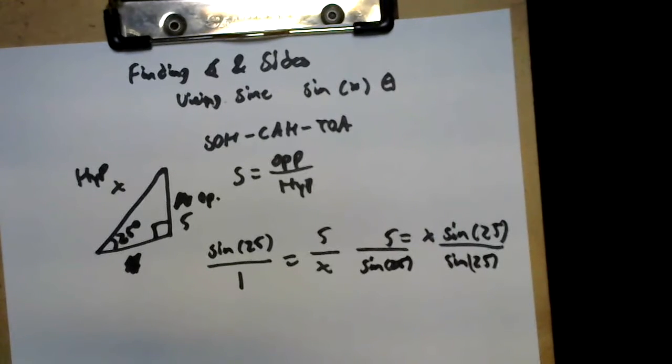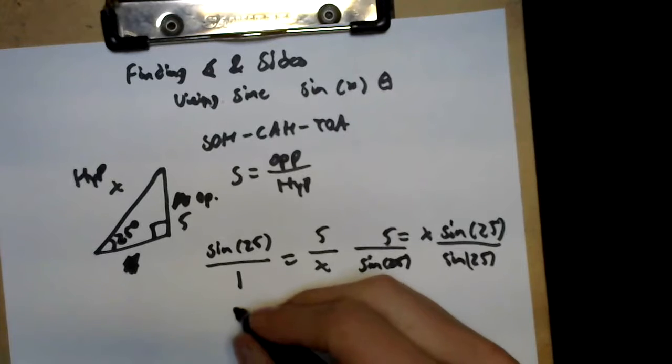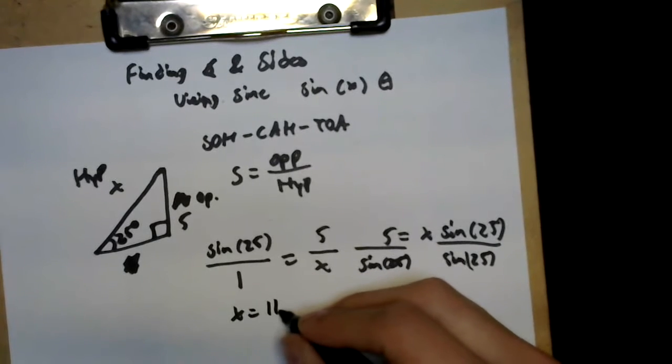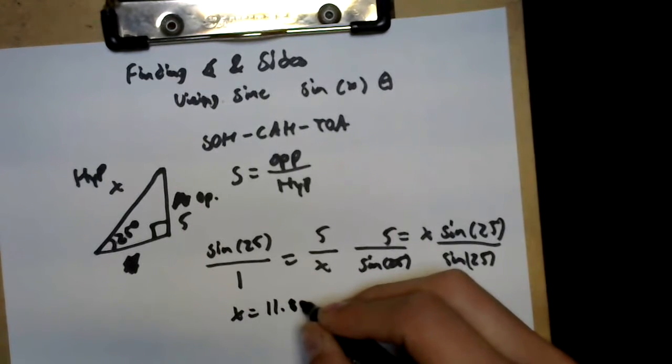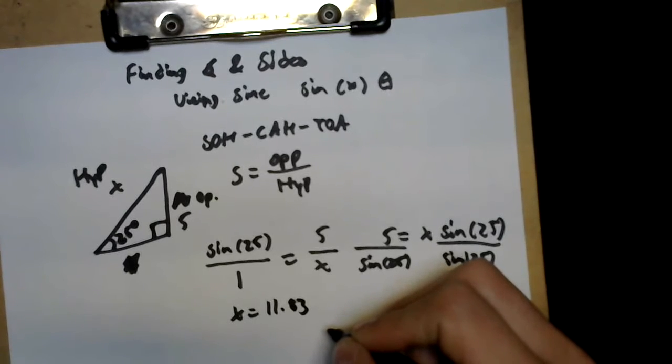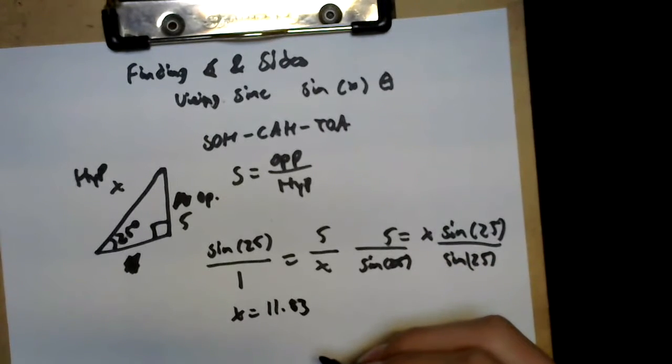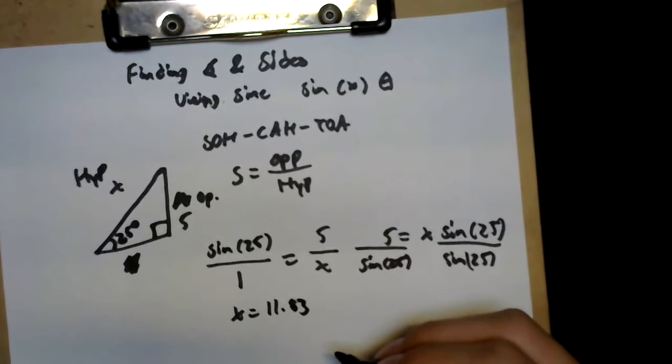Make sure your calculator is in degrees, if for whatever reason it's not. So you do 5 divided by sine of 25 and you get x equals 11.83. We'll round to the nearest hundredth place.